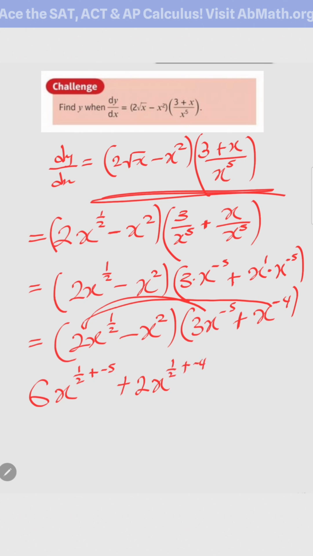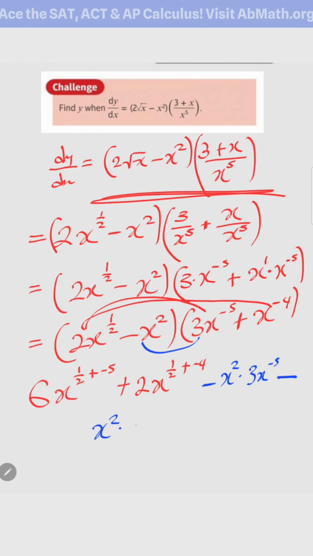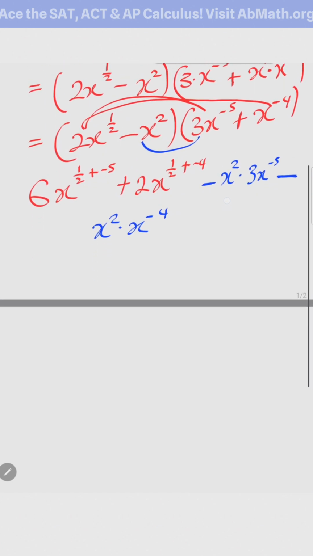Okay, let me change the color so that we can see the second part. This negative x squared multiplied by 3x^(−5), we now have x squared multiplied by x raised to power negative 4.